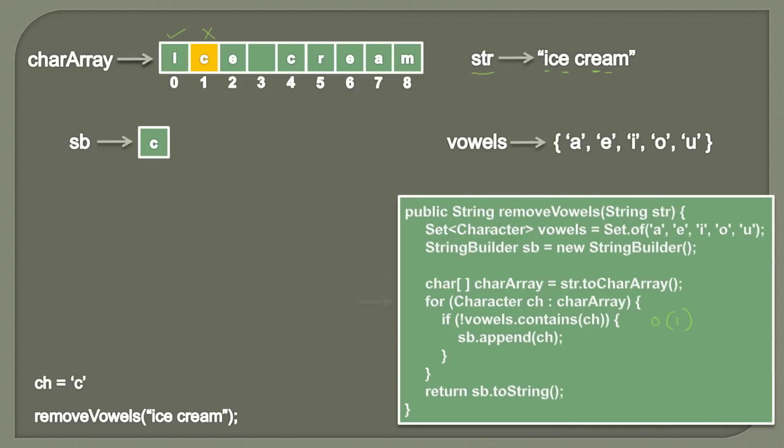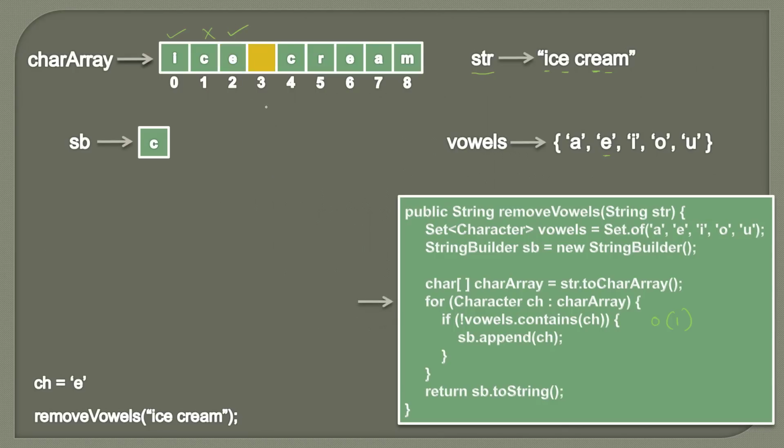Moving ahead, we will go to the third character, which is E. Now E is a vowel, so vowels.contains(E) will come out to be true, and this condition after negating becomes false. So we will skip E because E is a vowel.